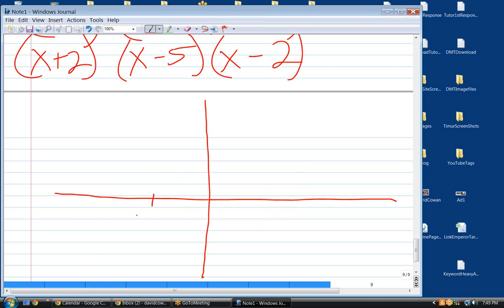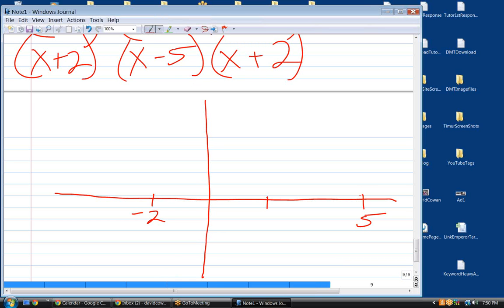Well, where are my zeros? At minus 2, plus 2, and 5. Actually, it's x plus 2 squared. Ah, x plus 2, like that? Yeah. Okay. So the zeros are at minus 2 with a multiplicity of 2 and at 5.